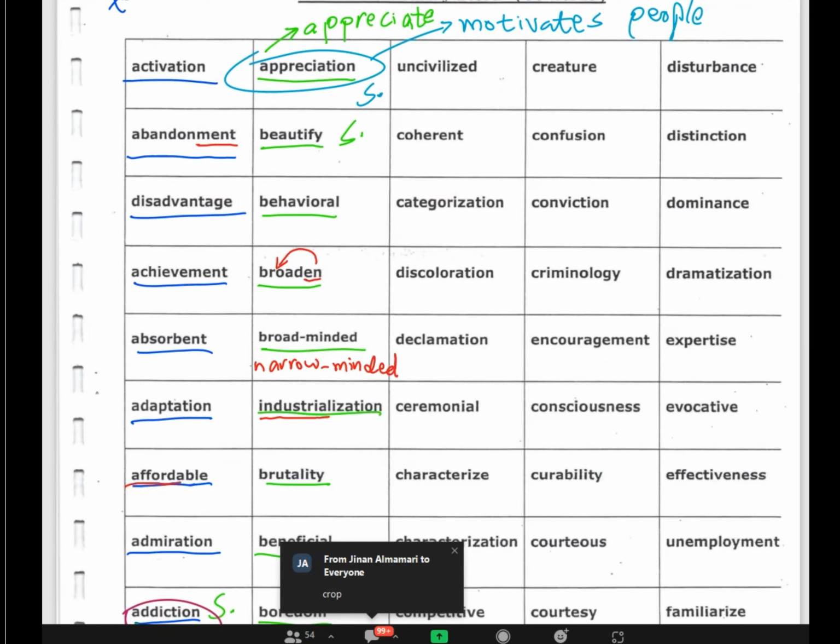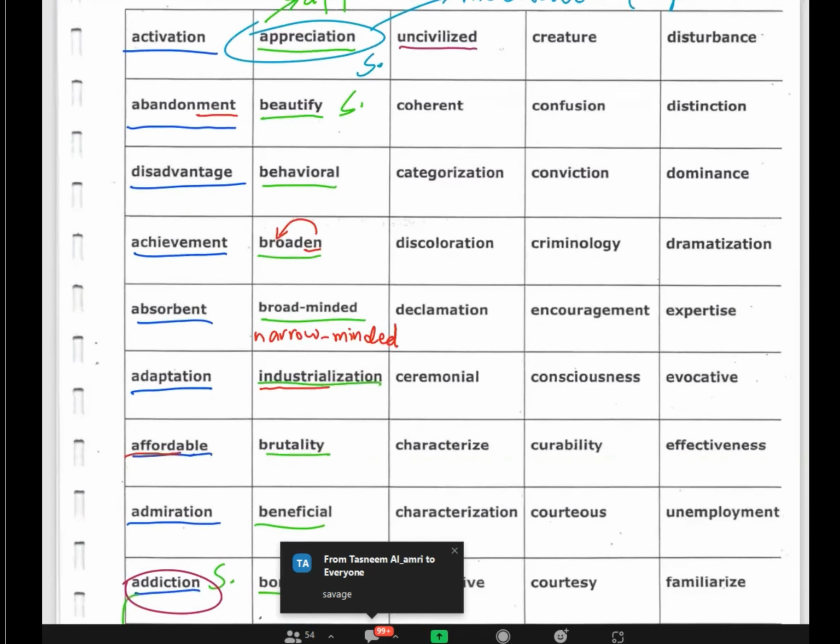Yes. Uncivilized is the opposite. If a society is uncivilized, it means it's not developed, but it has barbarism or savagery or no development.